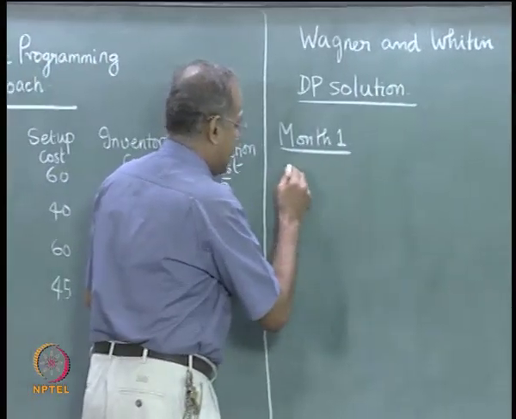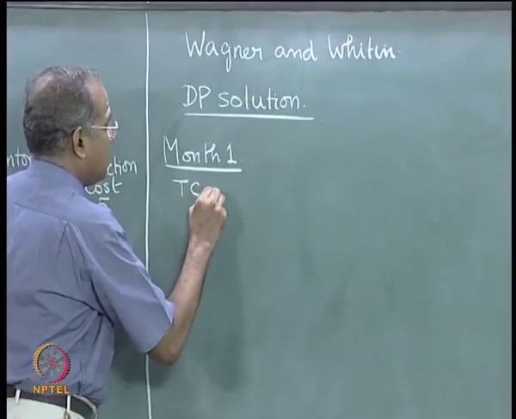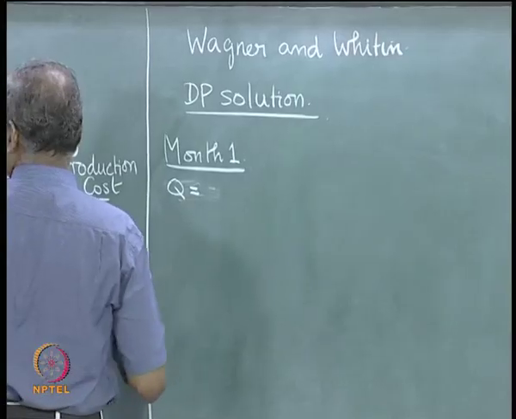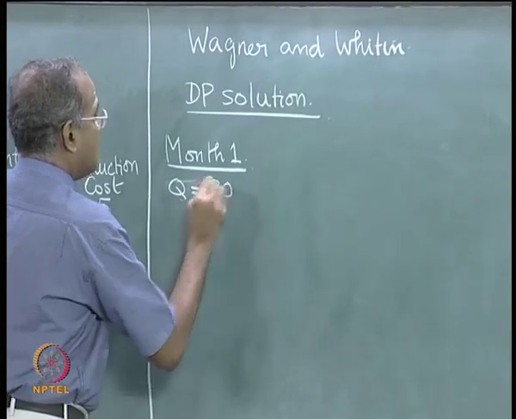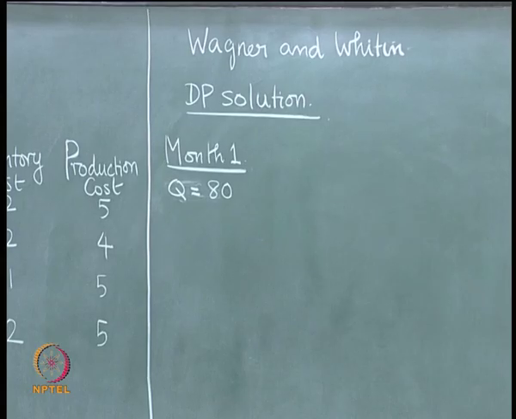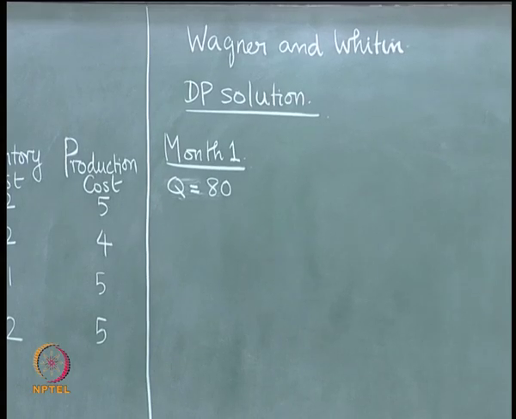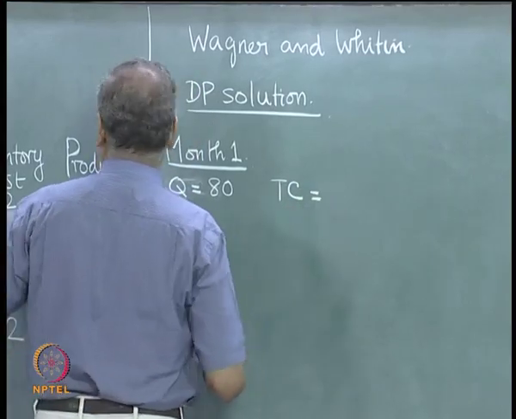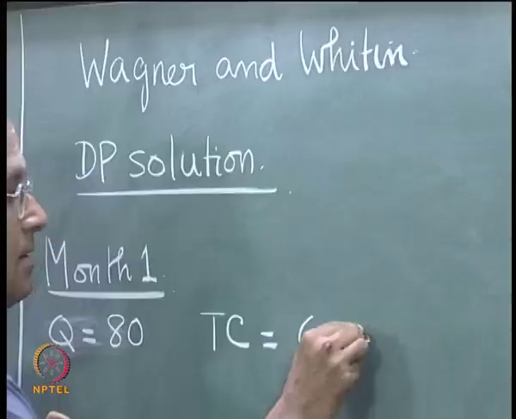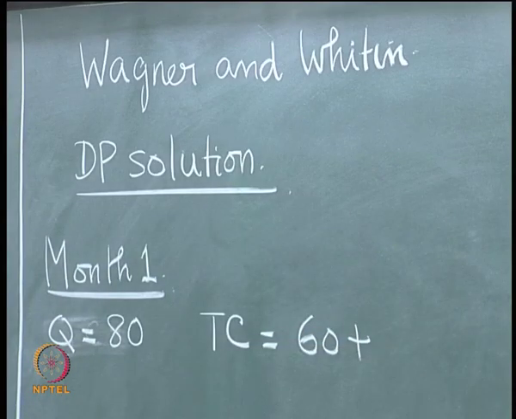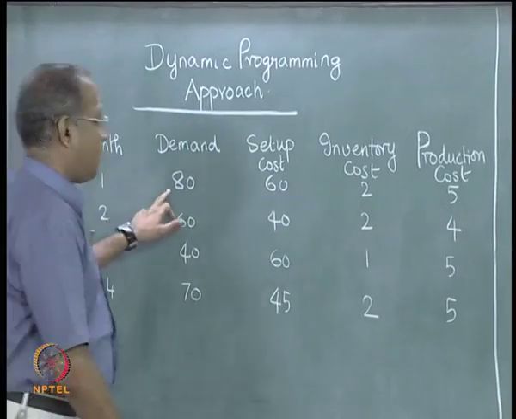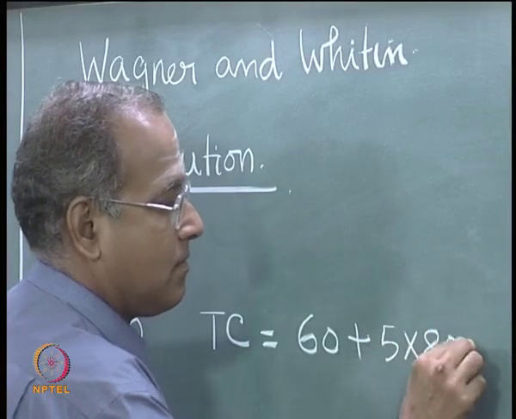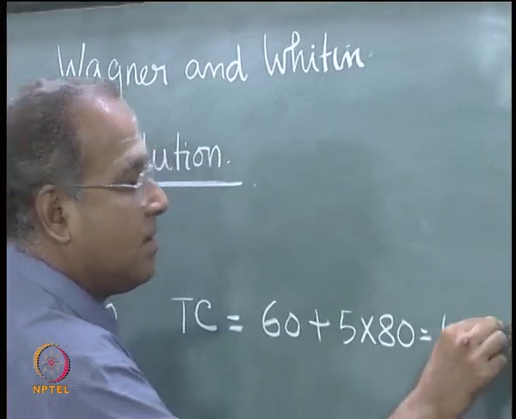So, we produce. The production quantity is equal to 80, because demand is 80, and the best way to meet this 80 is given by total cost equal to setup cost, which is 60, to be incurred, plus production cost of 5 into 80, equal to 460.